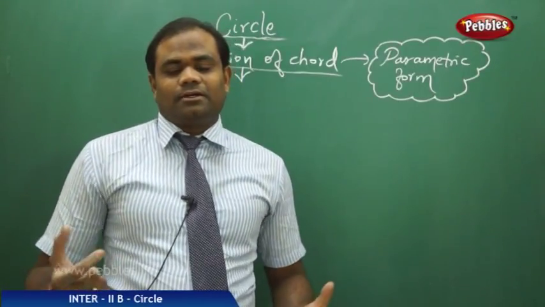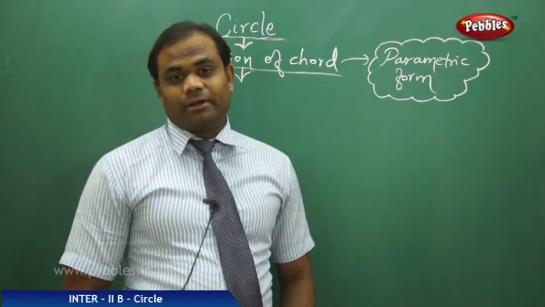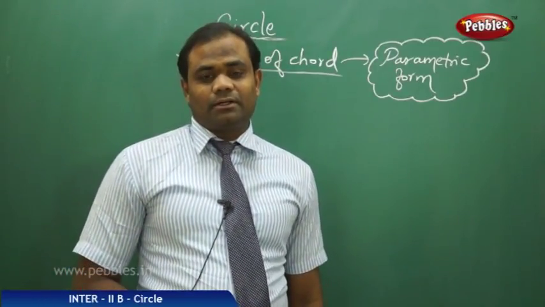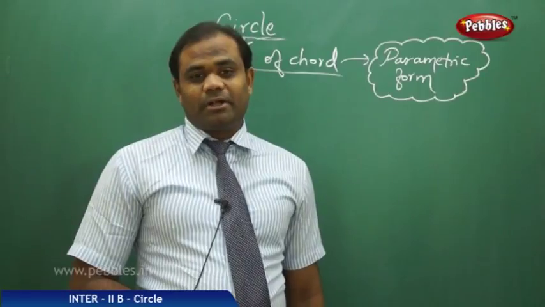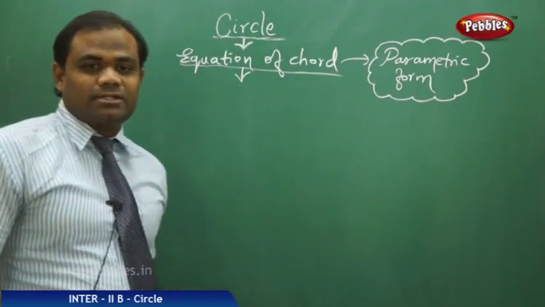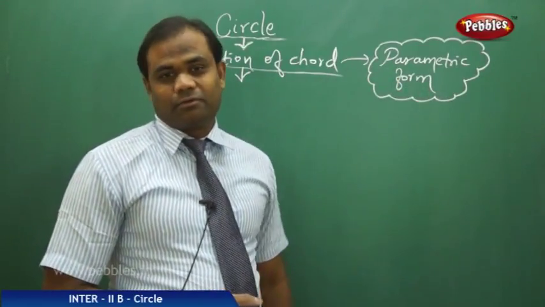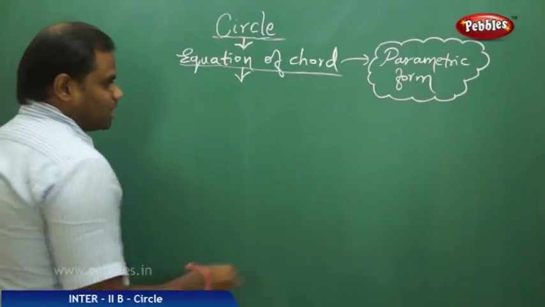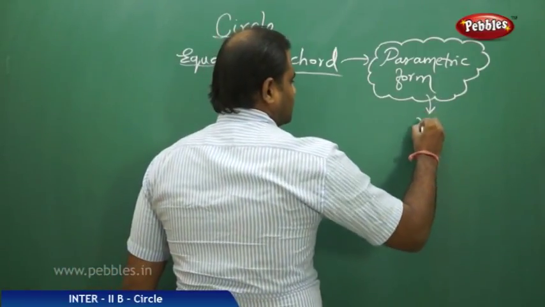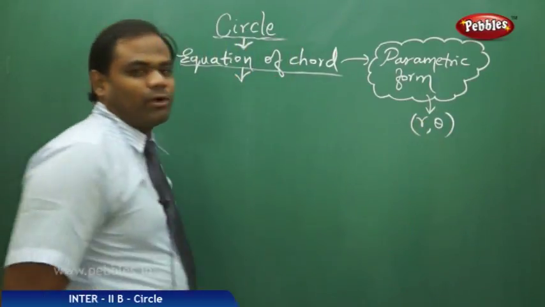Now let's find the equation of chord where the points are given in parametric form. So now that we have considered the topic of parametric form of the points on the circle in the previous session, let's recap with finding the equation of chord in parametric form. So we know that a parametric form involves the radius and the angle which we consider for the point.